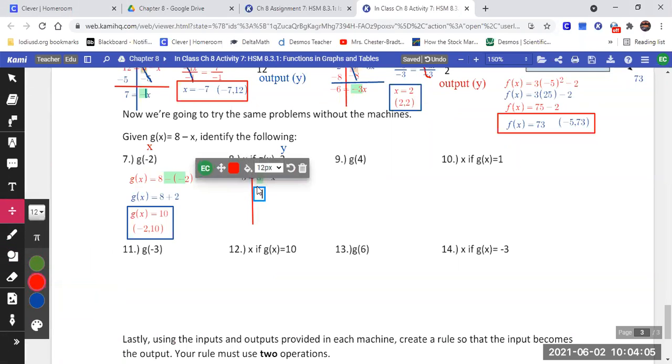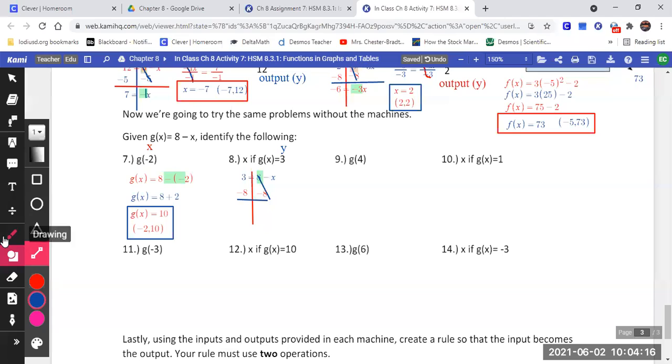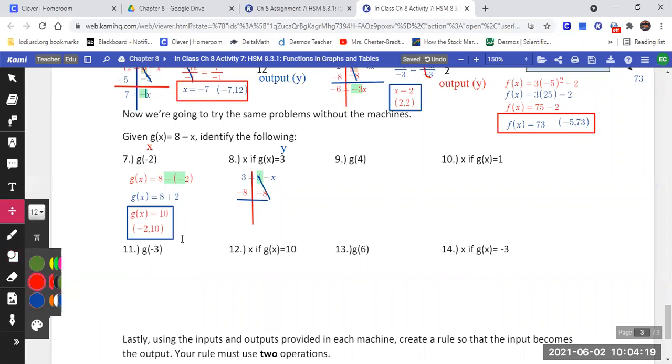Subtract 8 from both sides. What's it going to say now? Do the math.